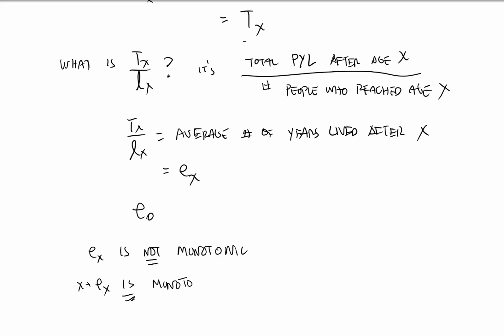And x plus e sub x is the average age. If e sub x is the average number of years of remaining life for those who reach age x, then x plus e sub x is the average age of death for those at age x. Okay?